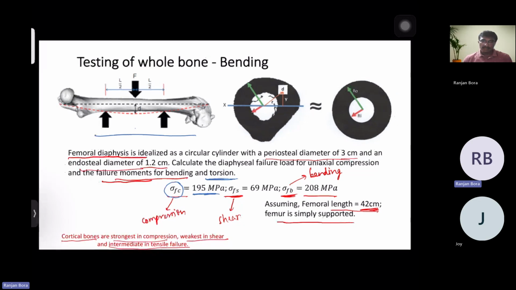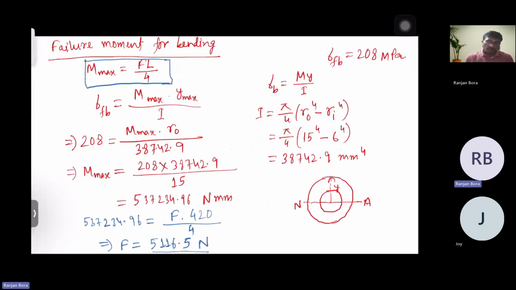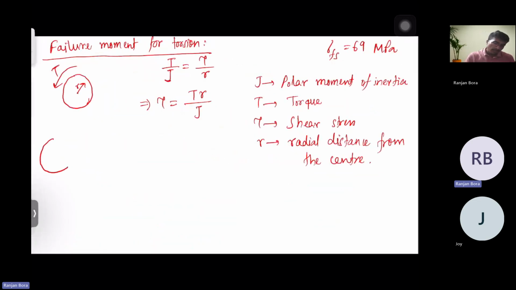The cross section is like this: inner radius is Ri and the outer radius is Ro. For this case, the polar moment of inertia J is pi by 2 times R naught to the power 4 minus Ri to the power 4.